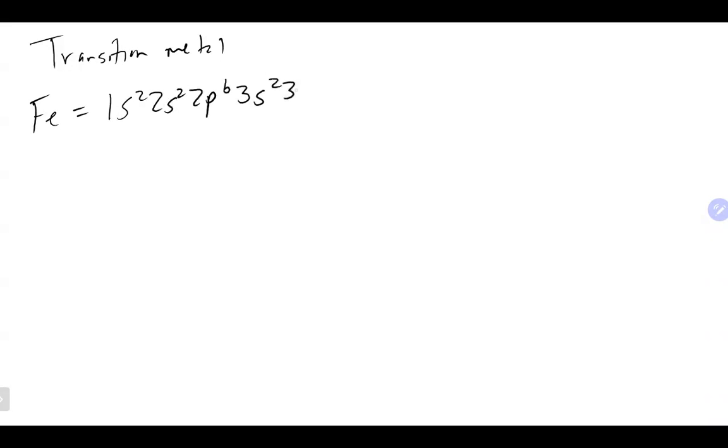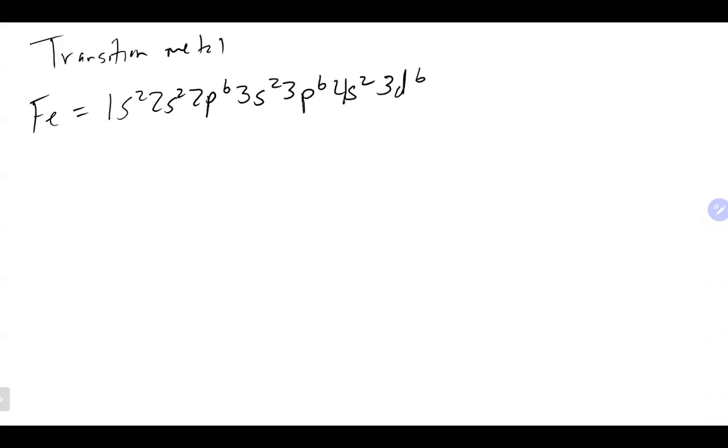All right, so let's talk about transition metals and electron configuration. So we just did iron. And iron is 26, which again means it has 1s2, 2s2, 2p6, 3s2, 3p6, 4s2, and 3d6.